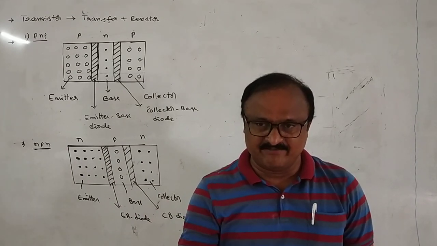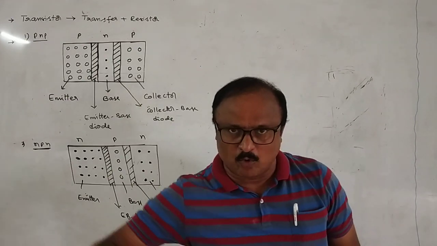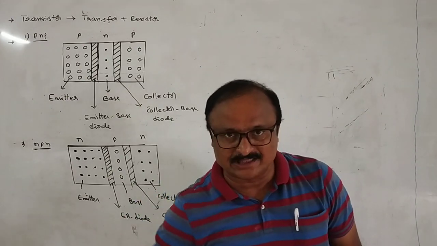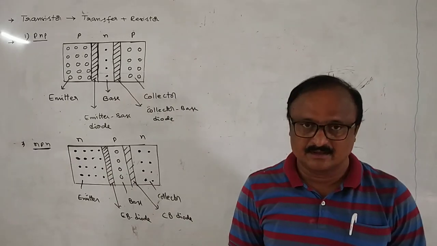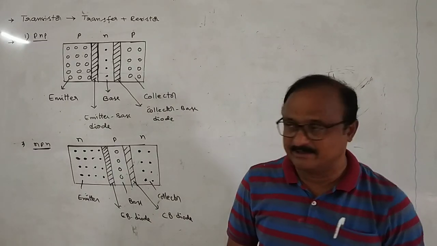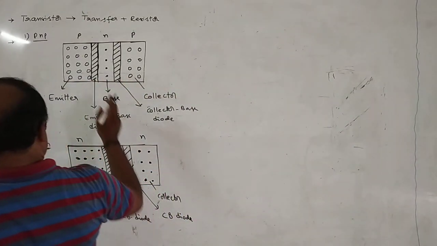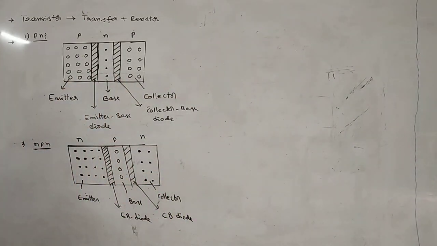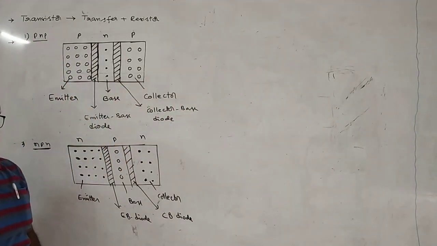Conventional current direction is always along the direction of the positive charge carriers, or conventional current is opposite to the flow of electrons, whatever it is. Suppose here there are two diode terminals. We can say that current is flowing through the transistor.